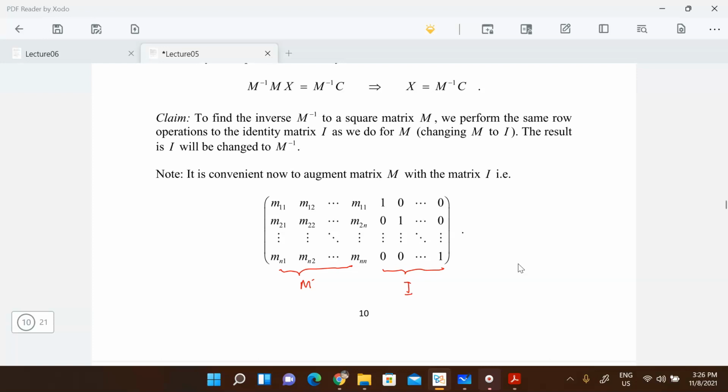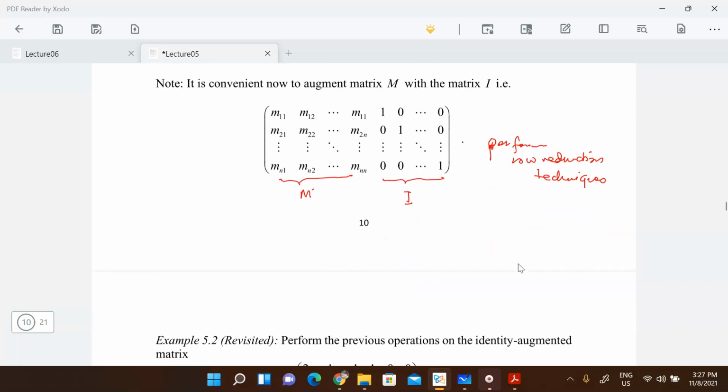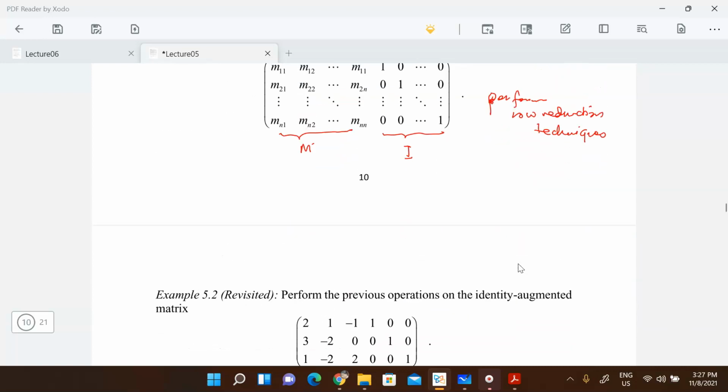So I do row reduction techniques to both M and the I appended to it, until your M goes to I, and if this happens, this has now become the identity matrix, this will turn to M inverse.